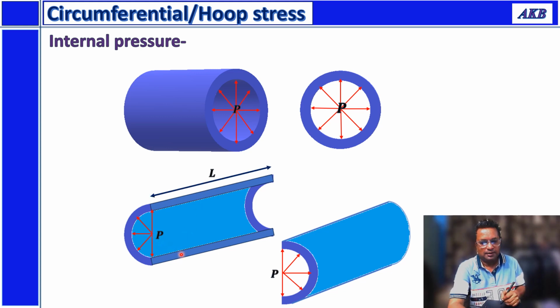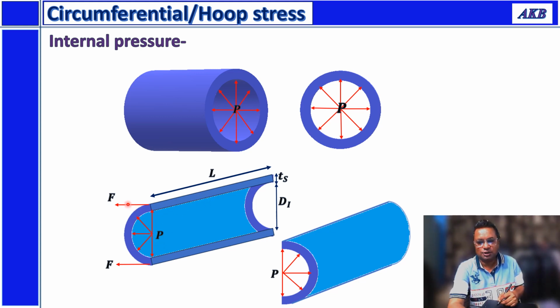And if we call L the length of the cylinder, TS the thickness of the wall of the cylinder, and DI its internal diameter. Under the action of this radial pressure, force F will be causing rupture of the cylinder, and this force will be acting circumferentially. This force then will be responsible for inducing circumferential or hoop stress in the wall of the column.